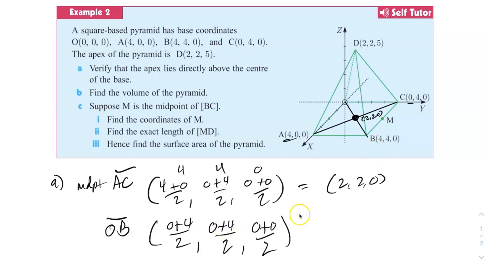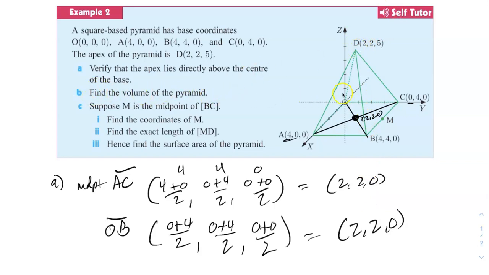I'm getting the 4, 4, 0 from this point. This is my x2, y2, z2. So that's where the 4, 4, 0 came from. 0, 0, 0 came from the origin. And I get 2, 2, 0. So that is my midpoint, and that is directly below, I should say, my apex.